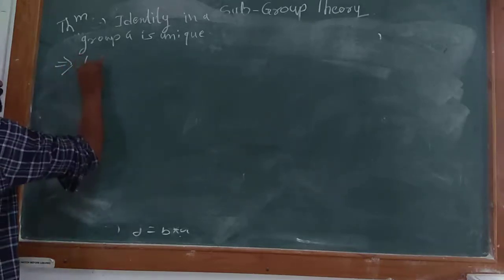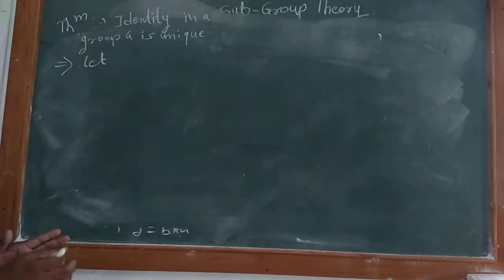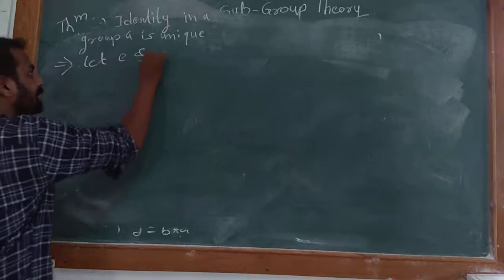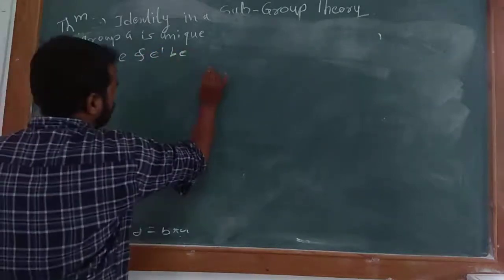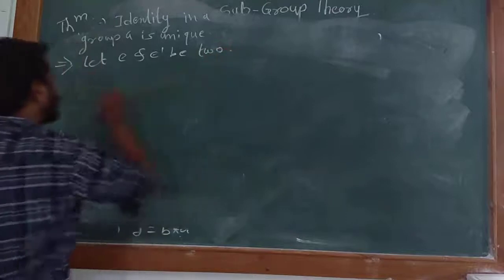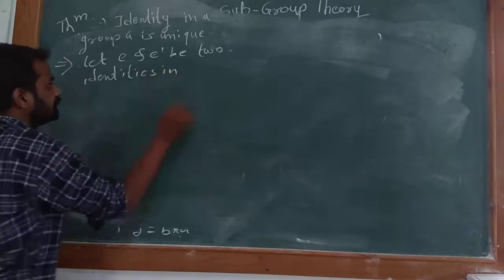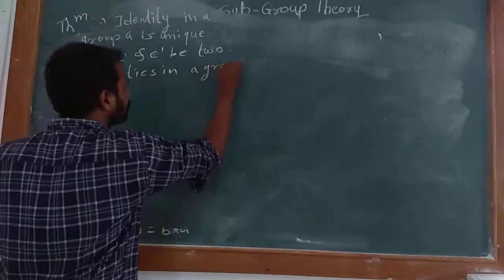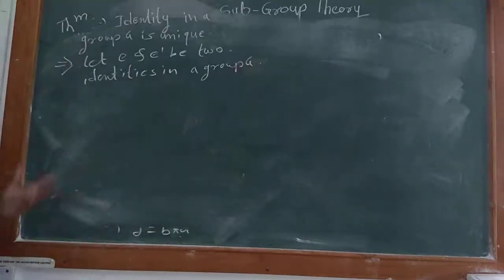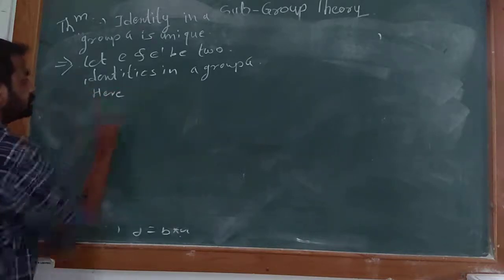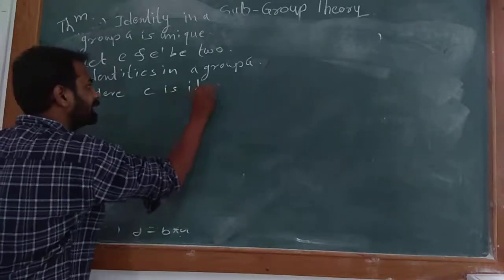So take the proof. We have to show that identity in a group G is unique. For showing this, we take two identities, let E and E dash be two identities in a group G. Here E is an identity.